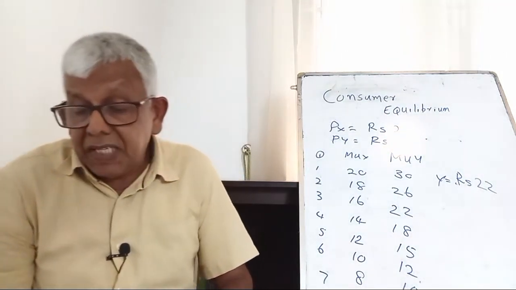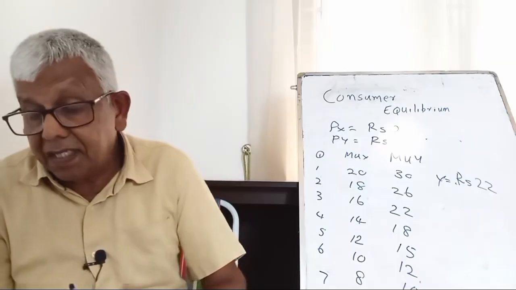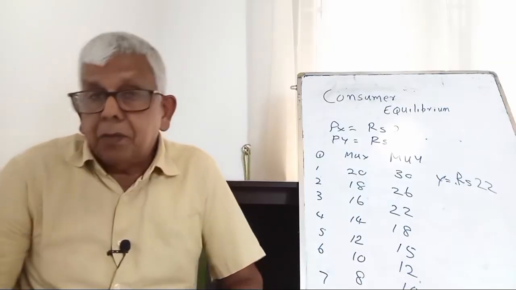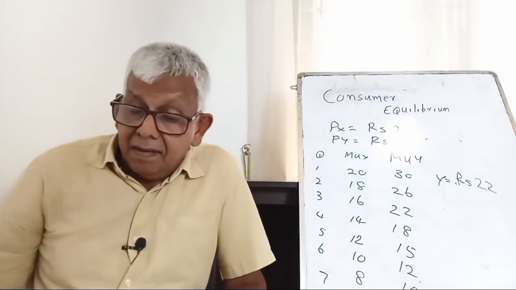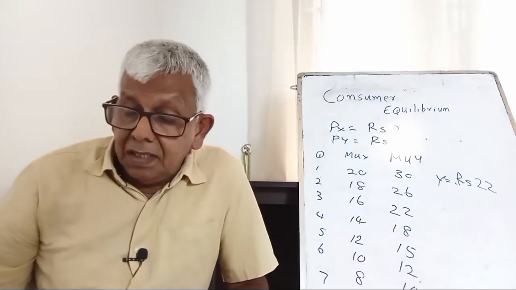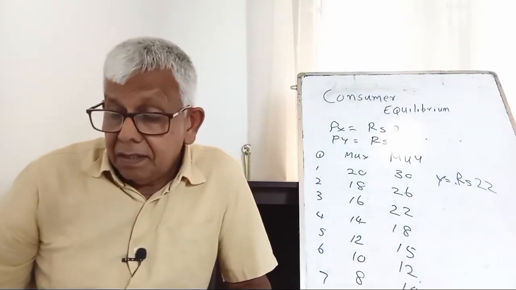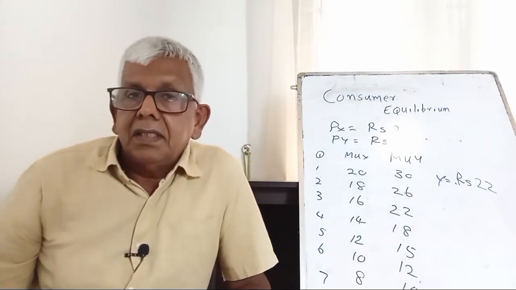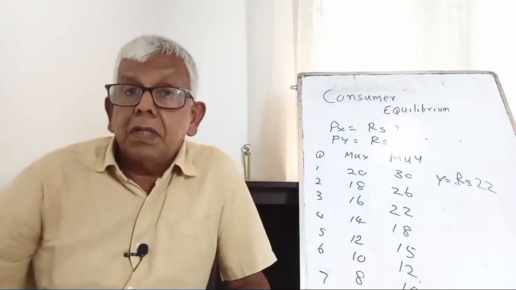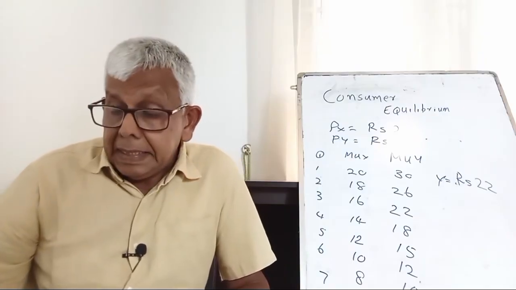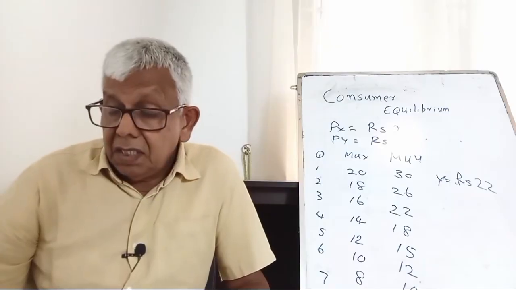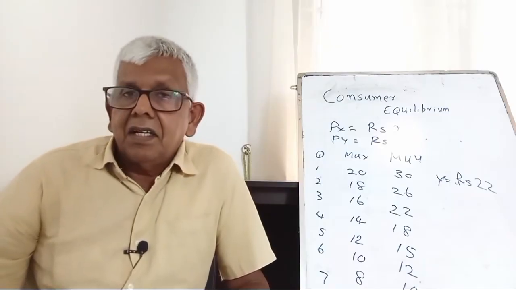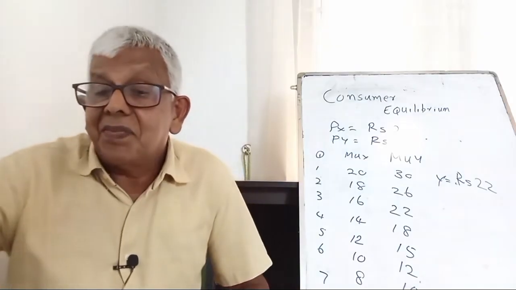Price of X, Px, equals 2 rupees. Py, the price of Y, equals 3 rupees. Consumer income equals 22 rupees.